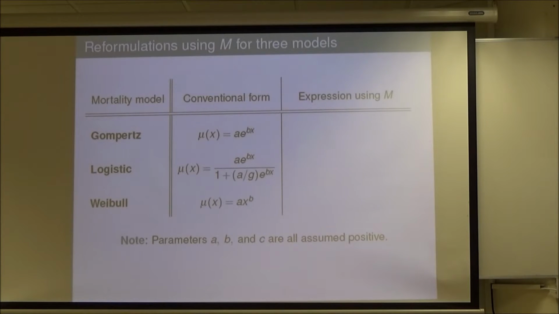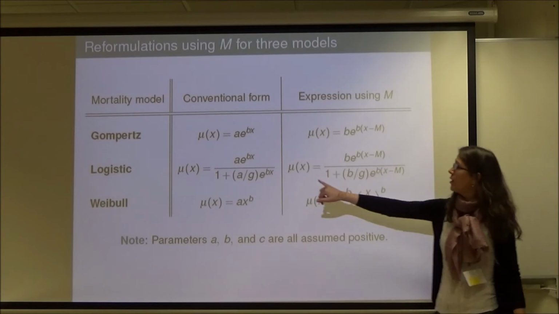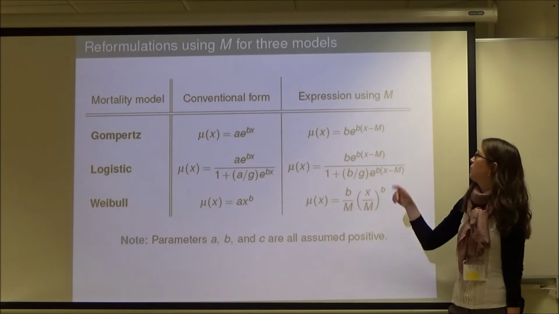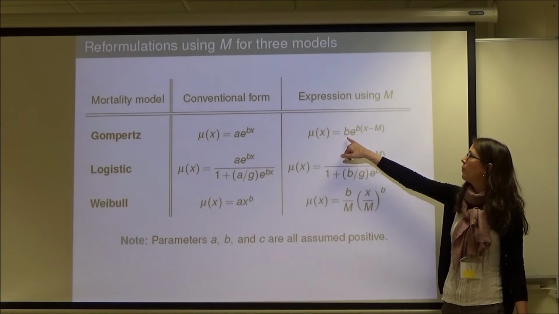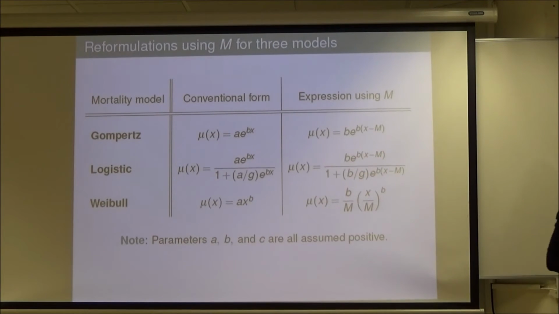These models can, in fact, be reformulated using M. That was one of our questions, and yes, it's possible. The reformulated equations look like this. Note that in all of these new expressions, parameter A has been replaced by parameter M, so the re-expressions depend on two parameters, M and B, whereas the conventional one depends on A and B.